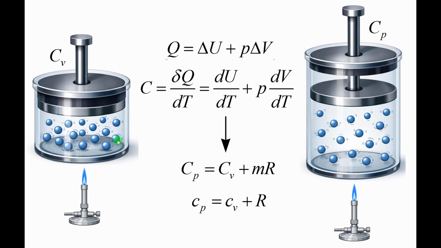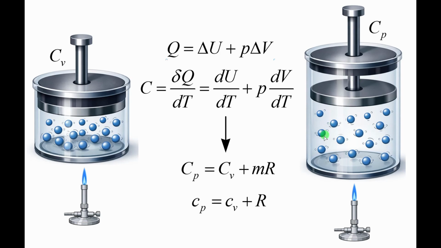So just think of the specific heat at constant volume. The heat transfer goes into the internal energy of the gas and the pressure goes up. When you have constant pressure, then the gas expands and the heat is absorbed by the internal energy plus expended with the expansion of the gas doing work.